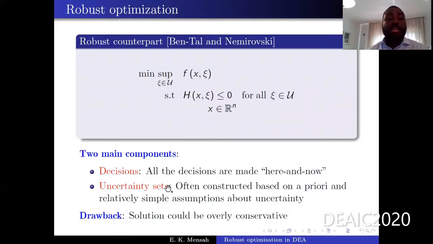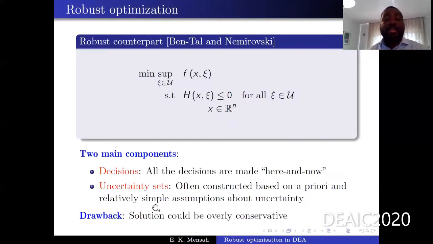So robust optimization relies on worst-case analysis. It provides a solution that is evaluated using the realization of the uncertainty that is the most unfavorable. And this is done through an alternative formulation of the nominal problem called the robust counterpart. Now, two things are considered in formulating this robust counterpart.